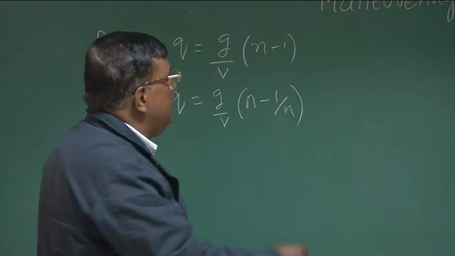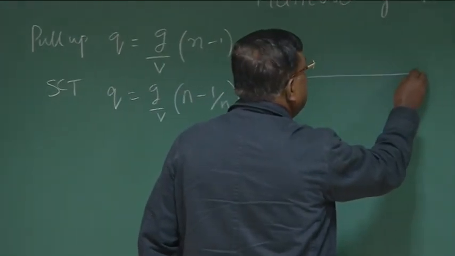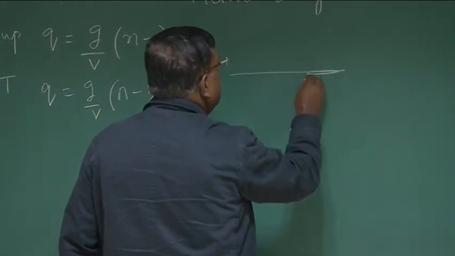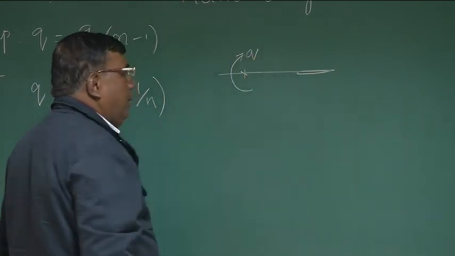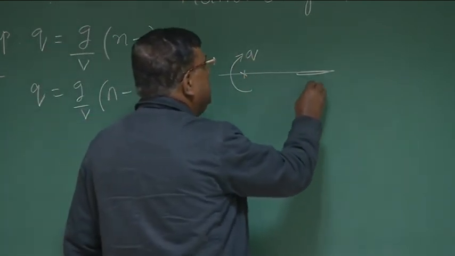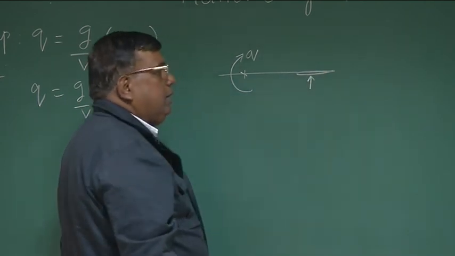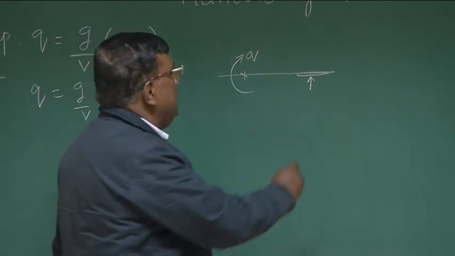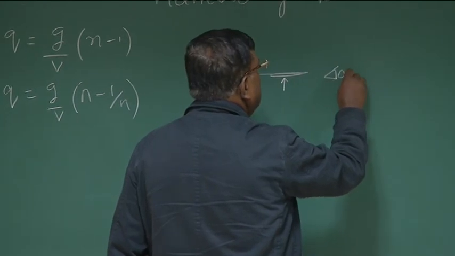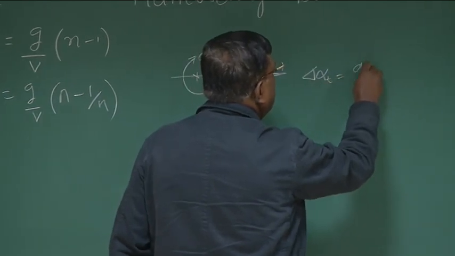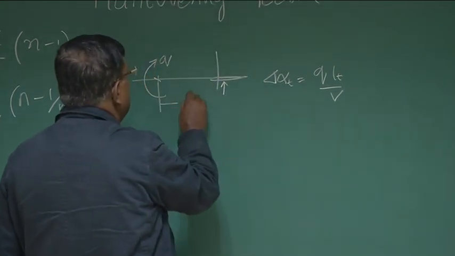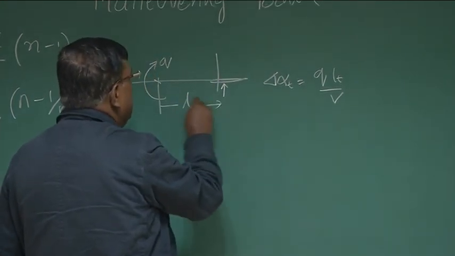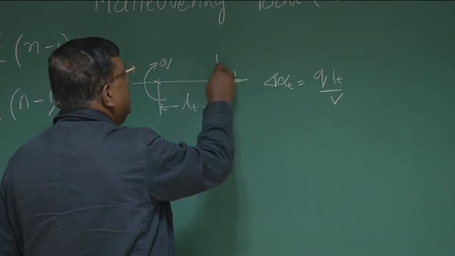If I see the tail, as it is going for a pull-up with pitch rate Q, there is an additional relative air velocity the tail will see, and that induces an angle of attack, roughly Q LT by V. LT is the distance between CG and AC of the tail. We have already done that.